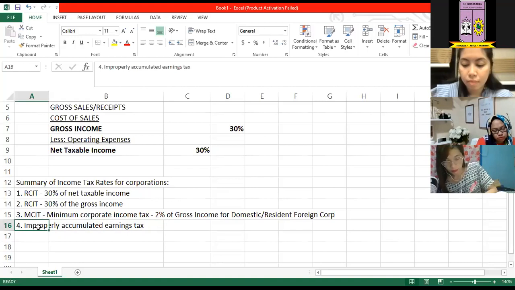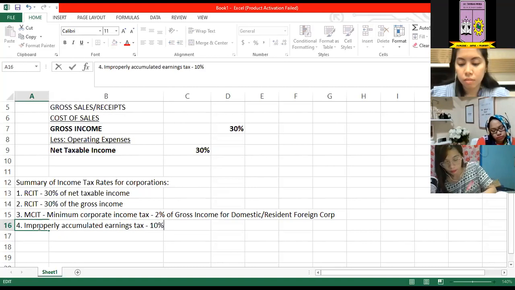Ito pala. Magkano yan? That is 10%. That is 10% of the improperly accumulated earnings.